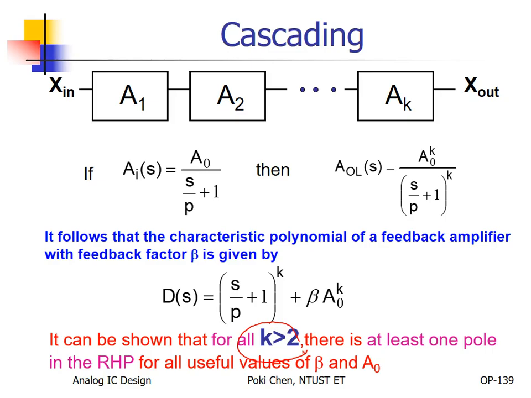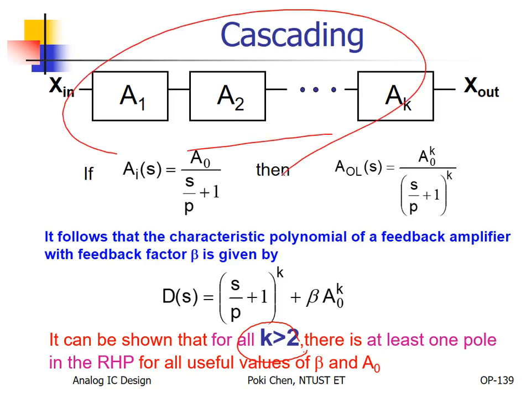It is really, really hard to stabilize the overall negative feedback circuit. I mean, you put this cascading amplifier into the negative feedback of your application. I need to warn you. For more than 2 stages, usually you will create one pole in the right half plane.